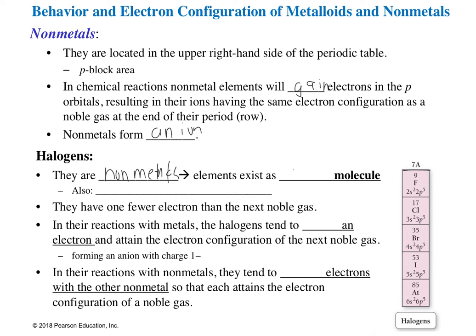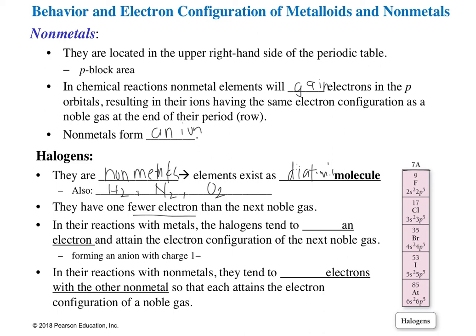They tend to exist as diatomic molecules. So F2, Cl2, Br2, I2 in nature. We also have the other diatomics: hydrogen, H2, nitrogen, N2, and oxygen, O2. You will need to know that.